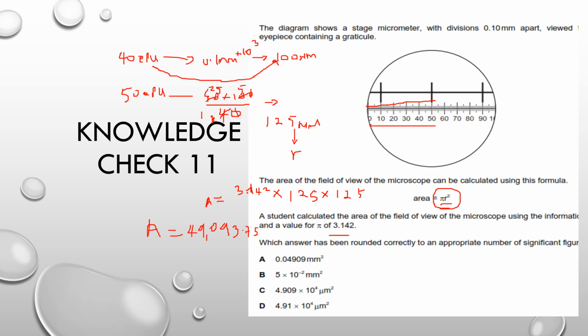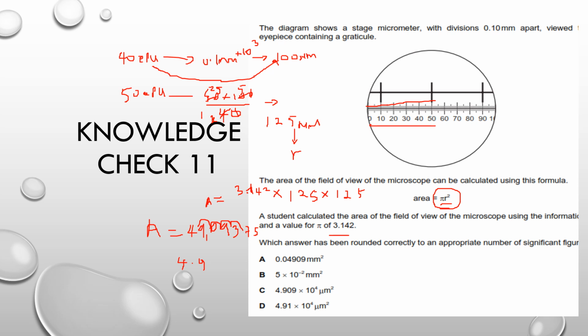Now the question says which answer has been rounded correctly to an appropriate number of significant figures. So if you write it in standard form, this is going to be 4.9.